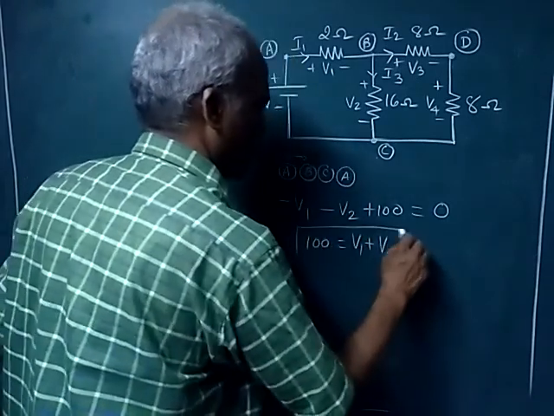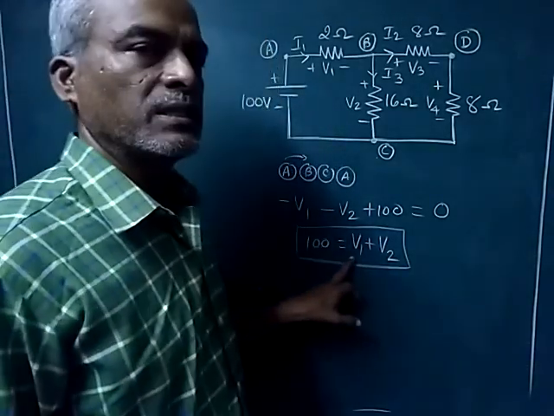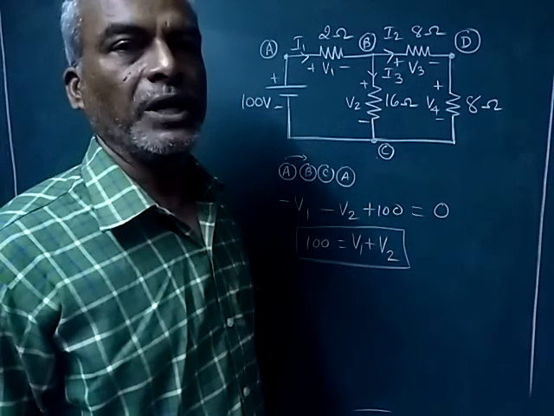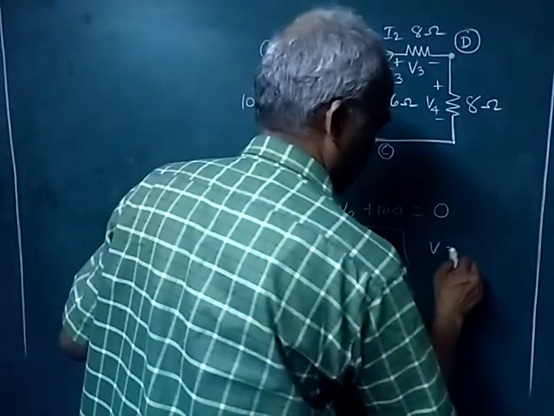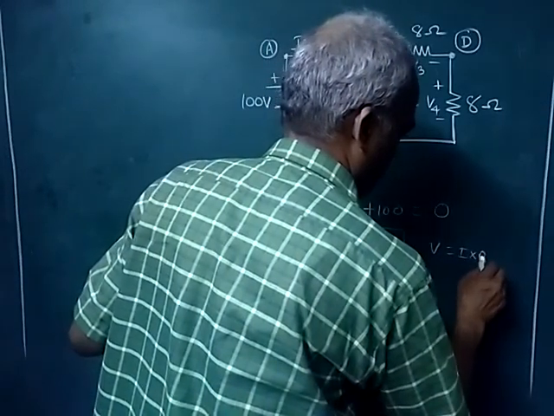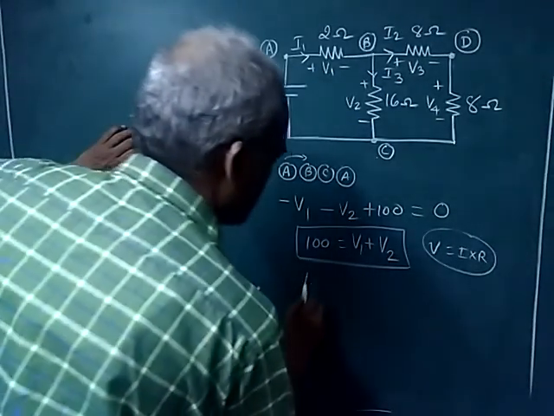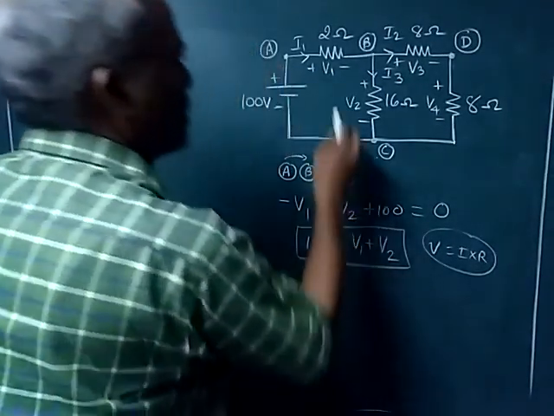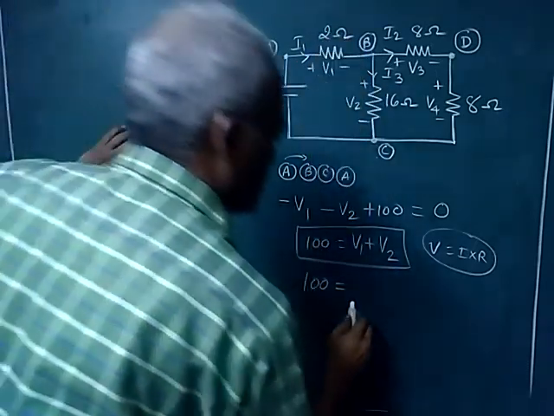Now we got the first equation. But this voltage V1 and V2, we know Ohm's law, V is equal to I into R. So therefore we can write 100 is equal to V1. What is V1? Current flowing through the 2 ohm is I1, into 2, that is 2I1.